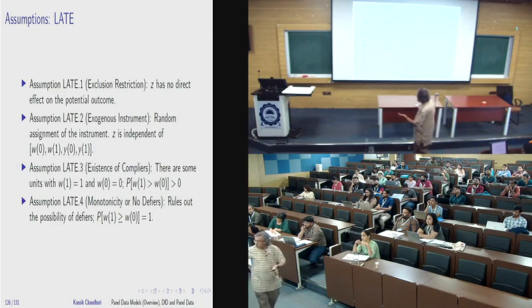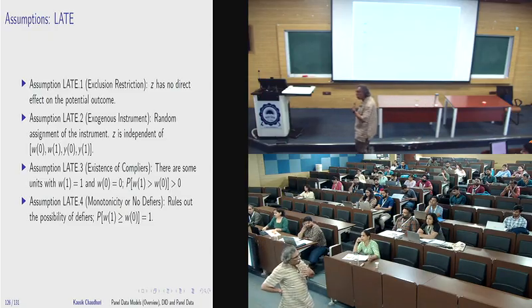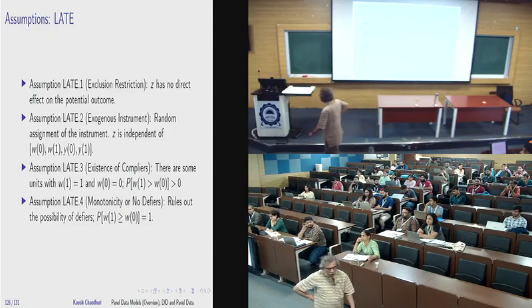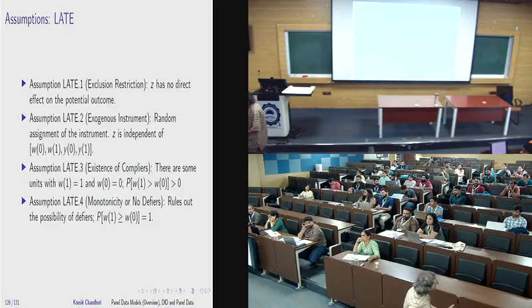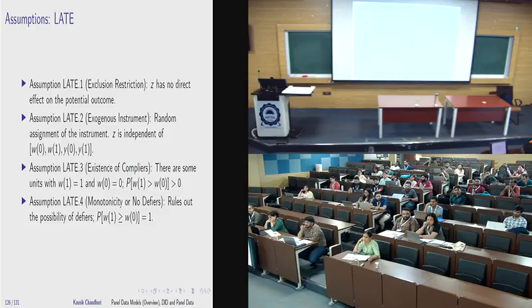Existence of compliers: there are some units with W1 equal to 1 and W0 equal to 0, but definitely the probability of W1 greater than W0 should be a positive event. And then monotonicity rules out the possibility of the defiers, where the probability of W1 greater than or equal to W0 is a sure event. I cannot have that. Clear? So I just eliminate the probability of the sure event.